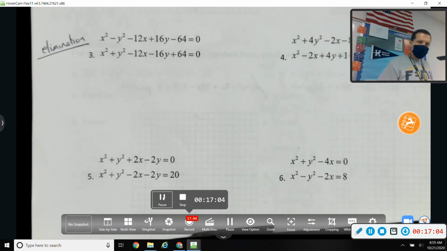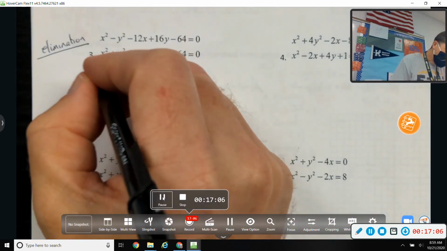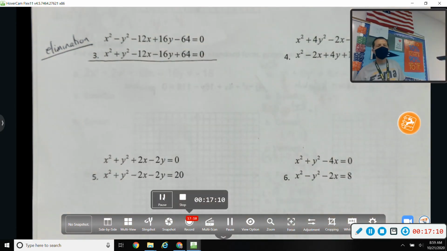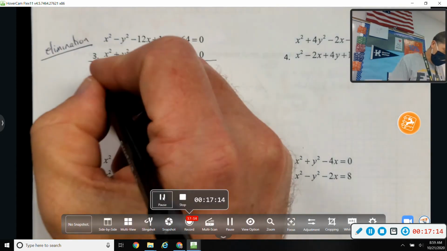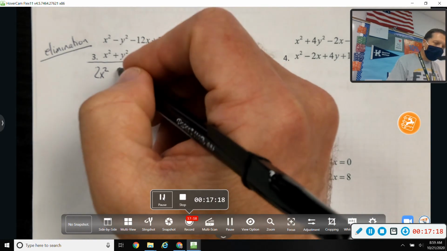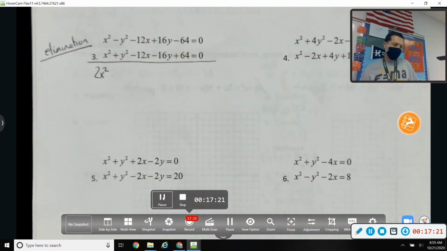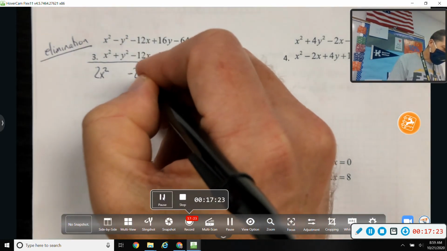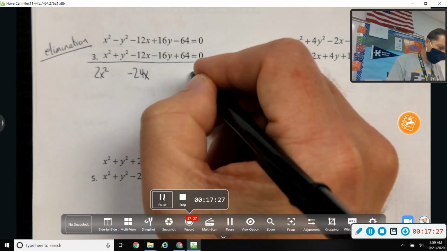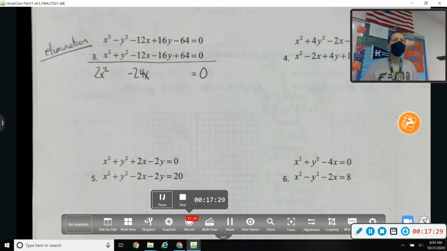So if I add those two together, and most of these are kind of set up already to make this happen, I get 2x squared. The y squared goes away. Minus 24x. Equals 0. The 64's go away.